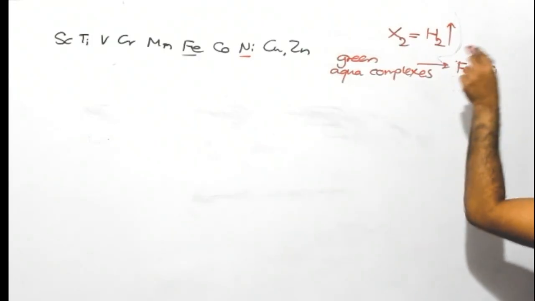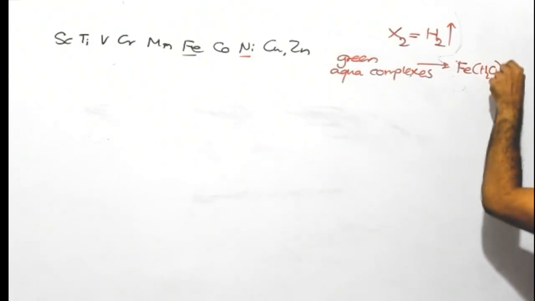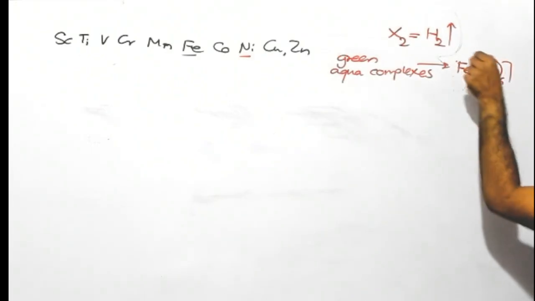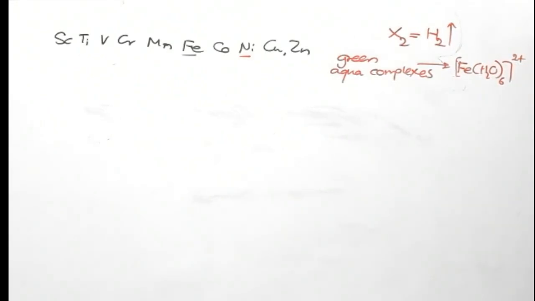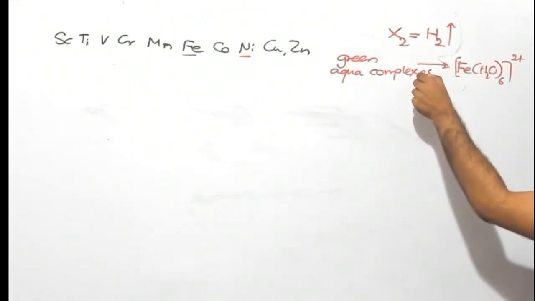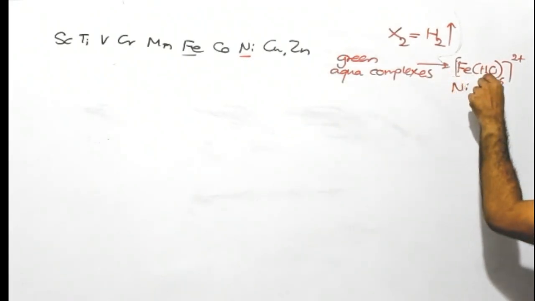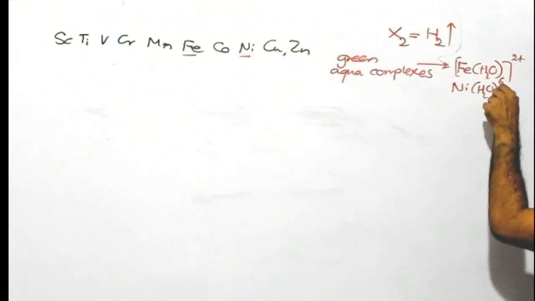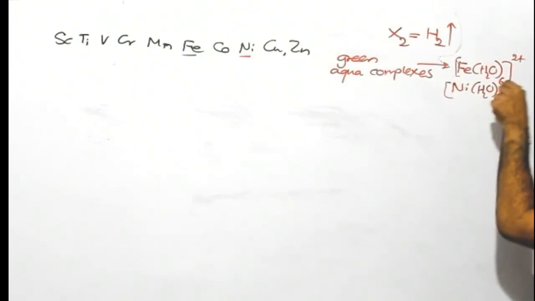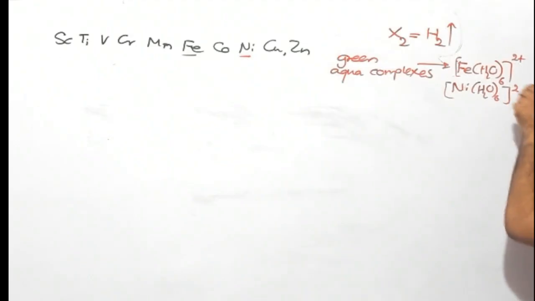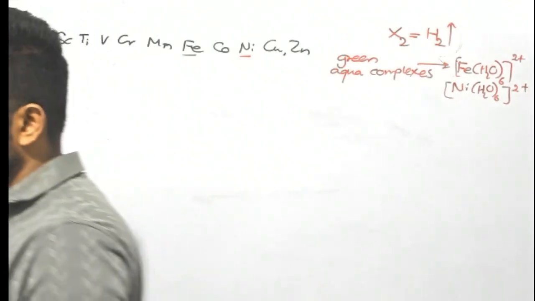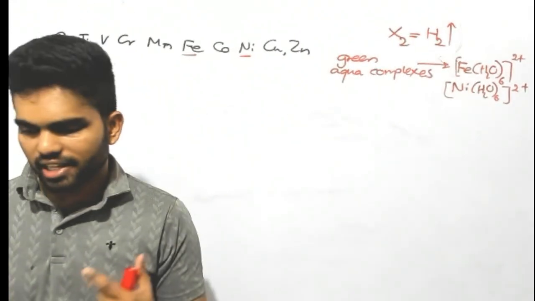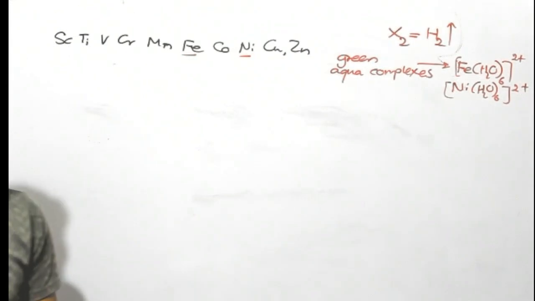Now actually it is ferrous, Fe2+, the ferrous hexaaqua complex. Now ferric also has a hexaaqua complex, but it is yellow brown. And the other one may be the nickel hexaaqua complex. Some students I saw selected random elements, some selected chromium, some copper, but those have problems with the colors and everything.